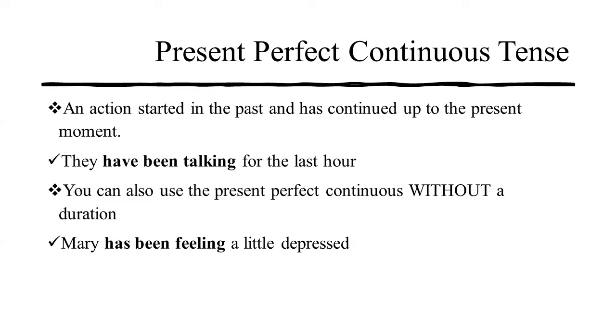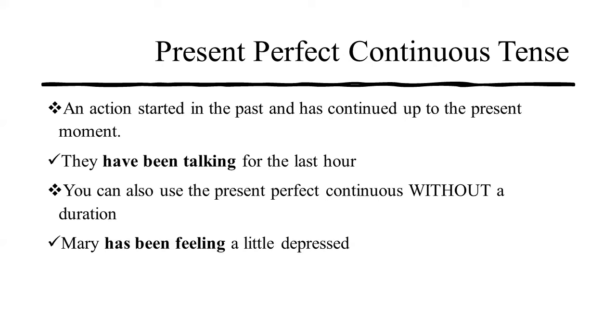We can also use present perfect continuous without mentioning the duration. For the last hour, in the example they have been talking for the last hour, the last hour is the mention of time. But we can use present perfect continuous tense without a duration. Look at the example. Mary has been feeling a little depressed.